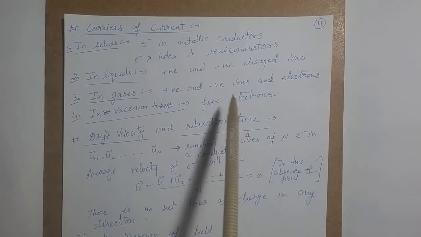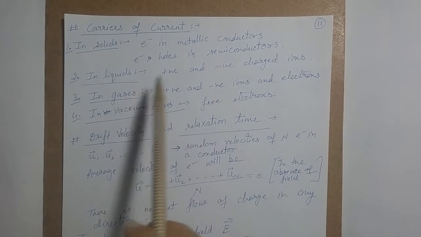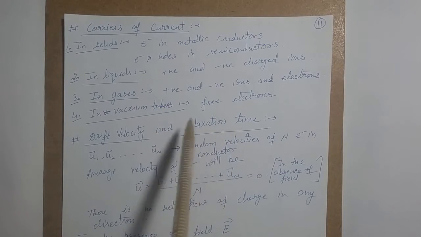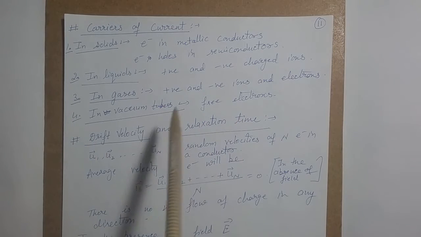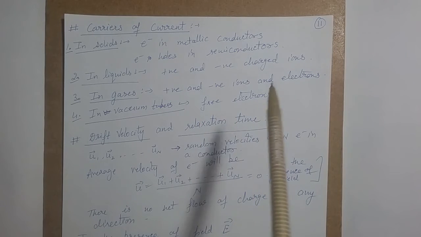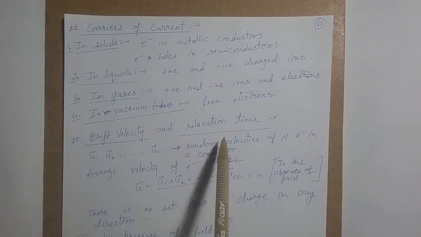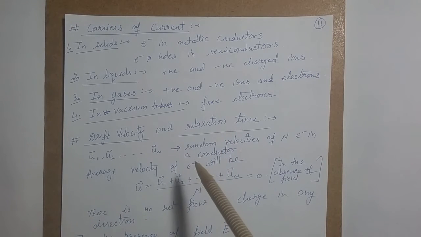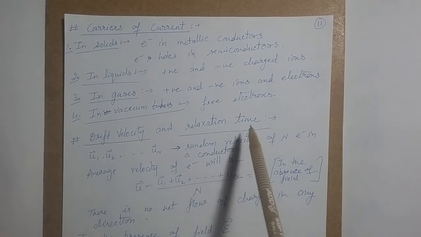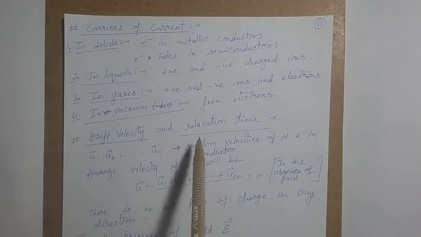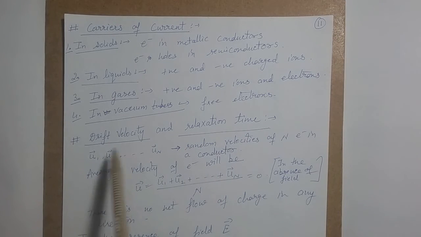These electrons, these ions, gain some energy, and with that energy, they start flowing from one position to another. After gaining energy, they move with some increased or different velocity. And that is our next topic, students, that is the drift velocity.